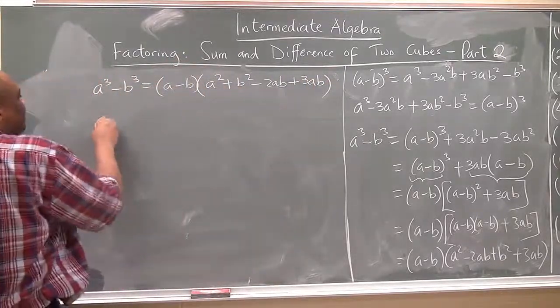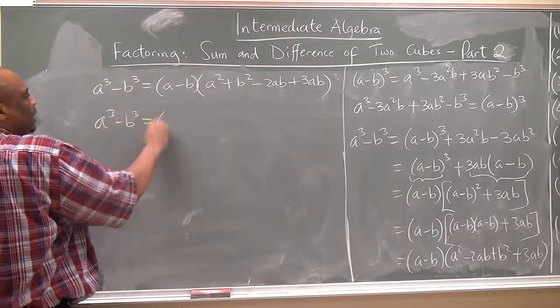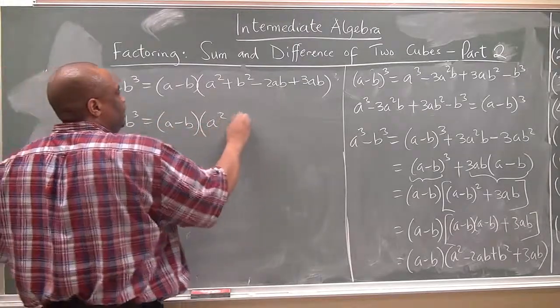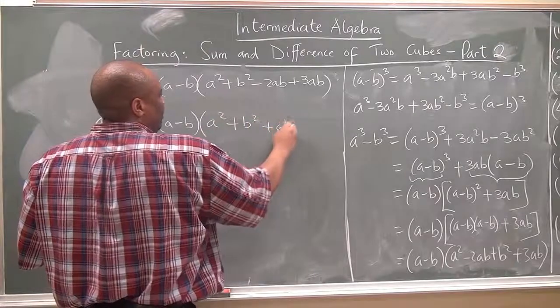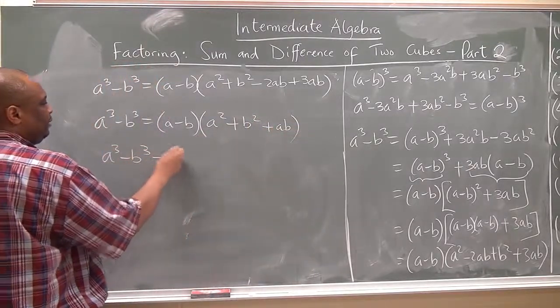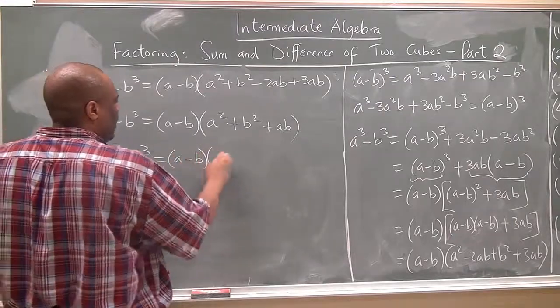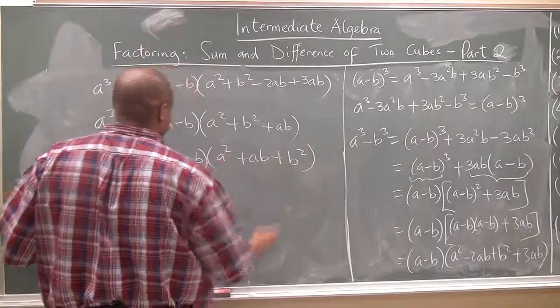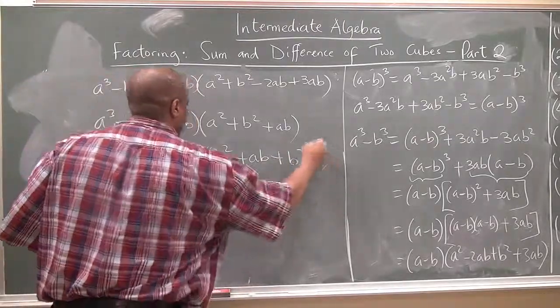Right? So a cubed minus b cubed is a minus b, a squared plus b squared plus ab. And if you want to put it in that form, a cubed minus b cubed is a minus b times a squared plus ab plus b squared. And this becomes the answer.